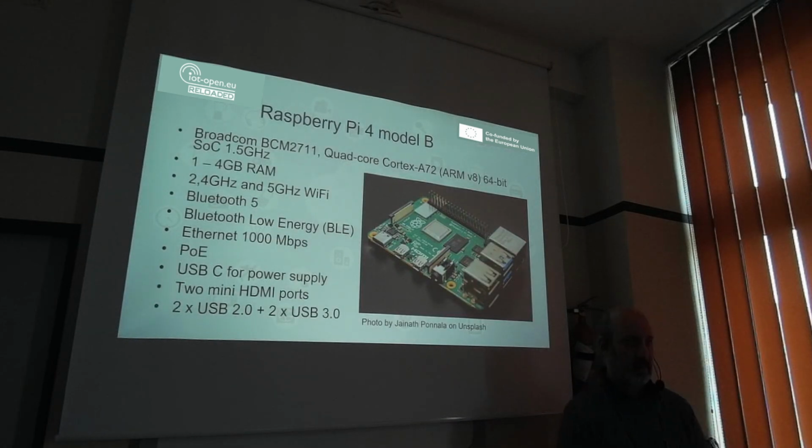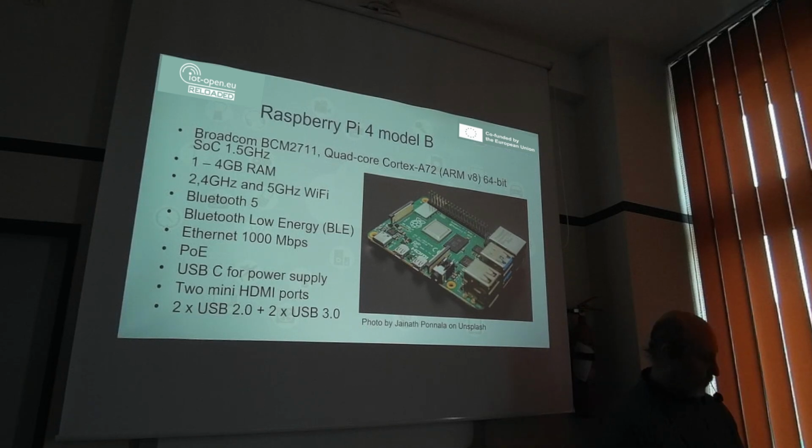Raspberry Pi model version 4 has an even a little bit faster processor, also quad-core, 1.5 gigahertz, and bigger RAM, up to 4 gigabytes of memory. It also has Wi-Fi at 2.4 gigahertz, but also 5 gigahertz. It has Bluetooth, Bluetooth Low Energy, Bluetooth 5.